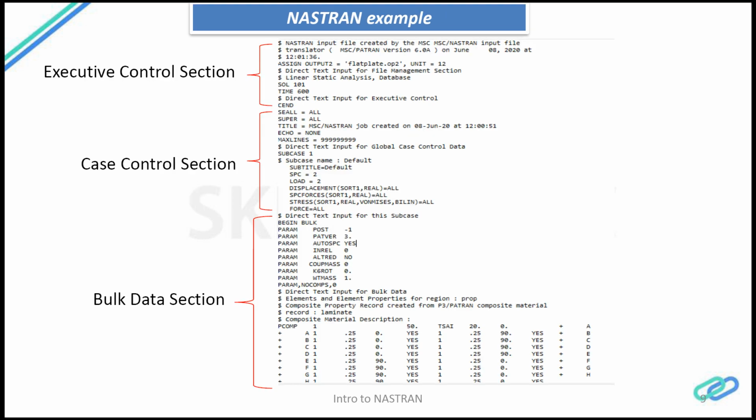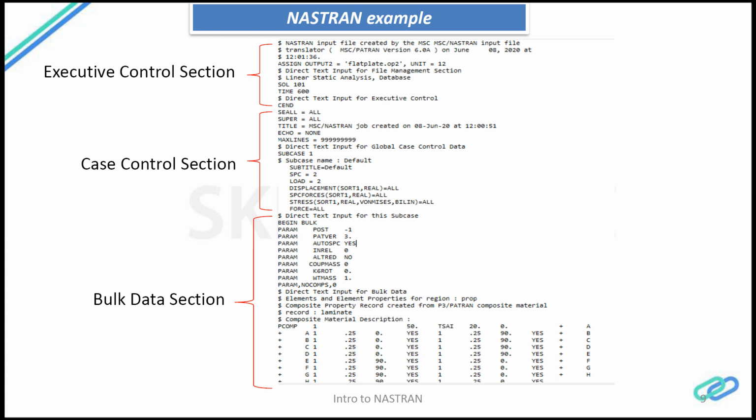So you can see here the executive control section. Usually we don't have the file management section and the NASTRAN statement. The executive control statement will tell you what type of analysis is being carried out. In this case, it is a linear static analysis.